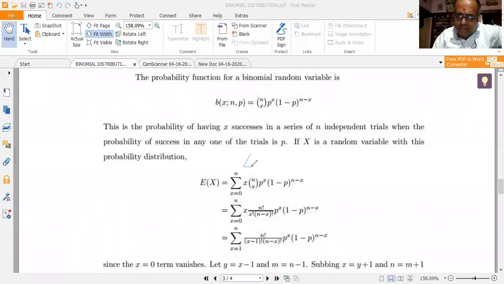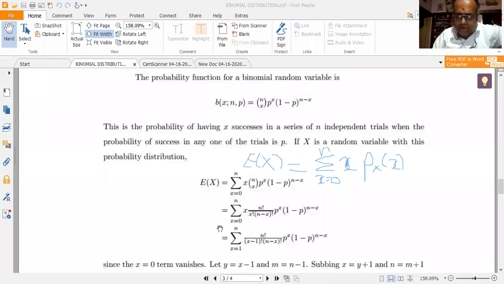So E of x is given by the summation, x equal to 0 to n, of x into P_X of x.